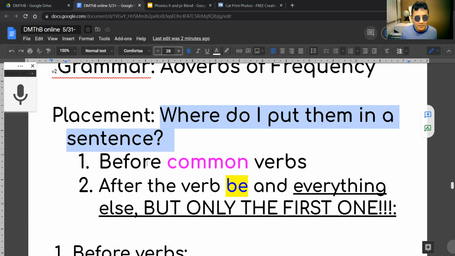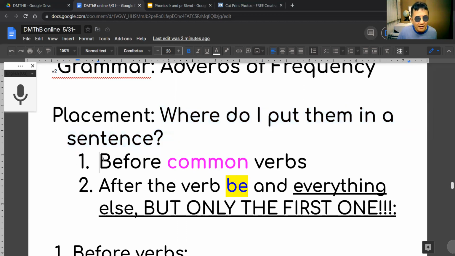All right. So the first rule is that you put the adverbs of frequency before common verbs. So it's going to appear before whatever the common verb is for that sentence. Now, if you don't know what a common verb is, don't let this word fool you. It's actually quite easy.